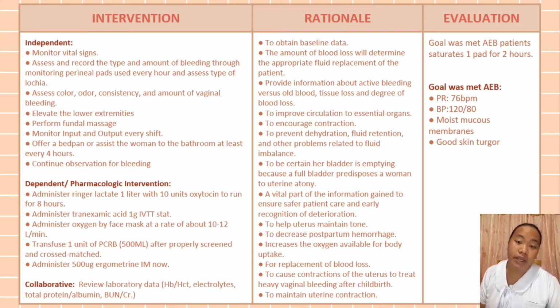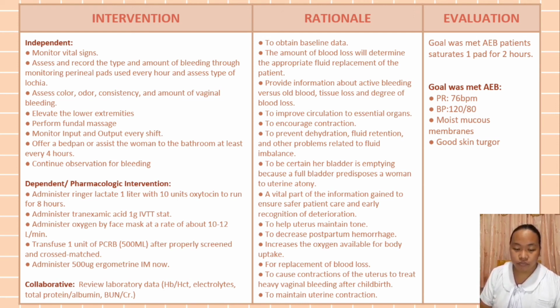This is for the replacement of the blood loss. Then, collaborative, review laboratory data: hemoglobin, hematocrit, electrolytes, total protein, albumin. This is to obtain baseline data. This is also to identify patients' progress during hospitalization.